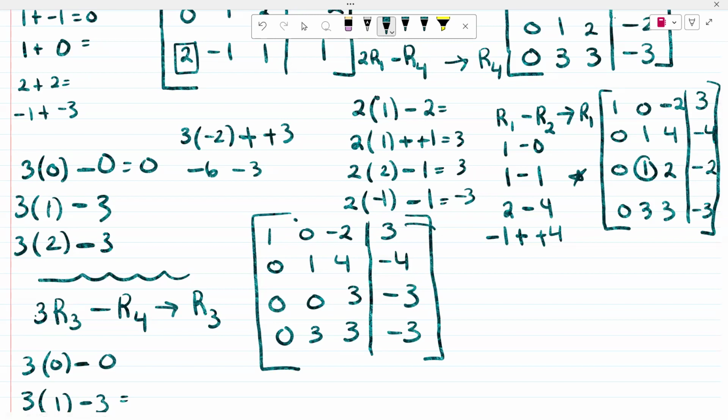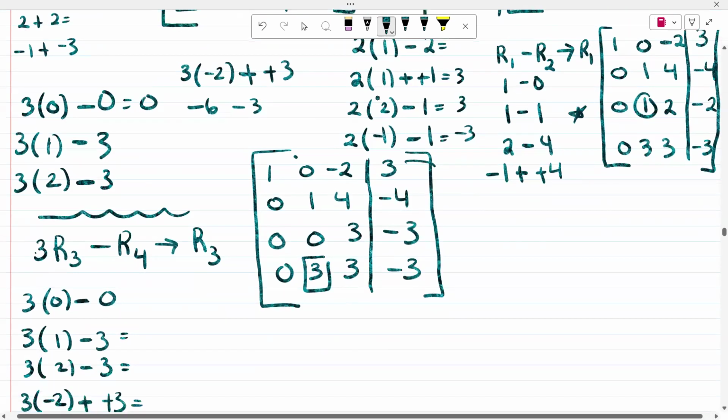Now what I would do next is make this 3 into a 0. So how would I do that? Yeah, what you could do is 3 times row 2 minus row 4, and that'll give us your new row 4. Or there are more ways you can do this.